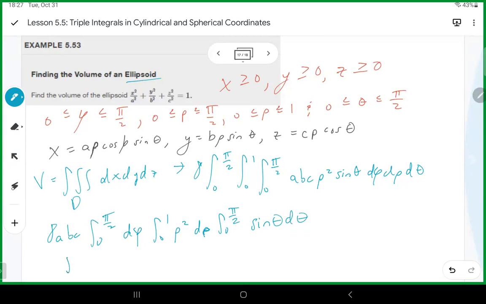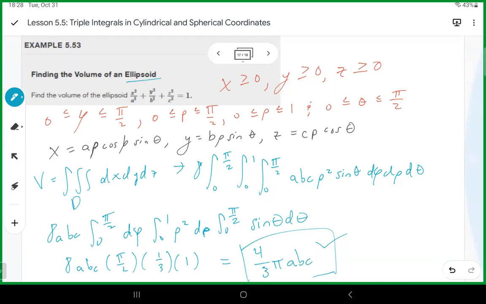All right, so then that gets us 8abc times pi over 2, times 1/3, times 1, which is just going to be 4/3 pi abc. All right, that's all they wanted there.